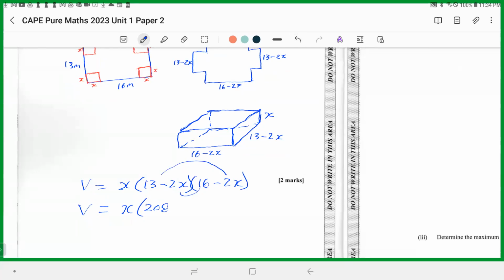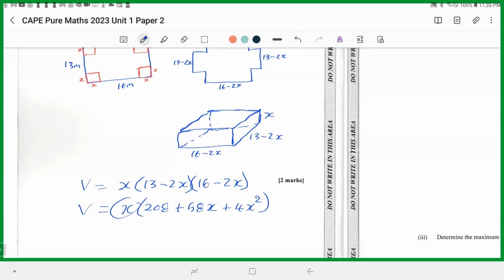So the far product is going to be 26x, and the near product is 2 times 16, which is 32. So 26 and 32 is 58, so I'm going to get 58x in the middle term. And then this times this will be a positive 4x squared.